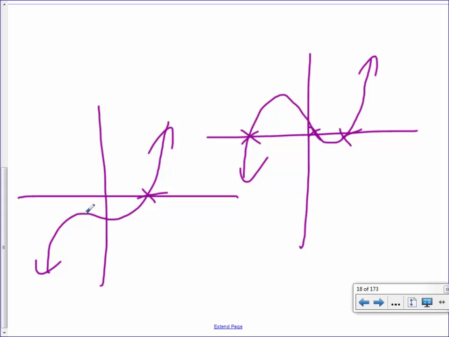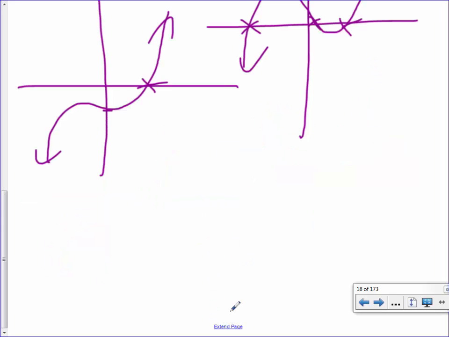Now, you can see how that little twist right here, I made it very, very slight, and it didn't come high enough over the axis to actually create more x-intercepts. But then here, I made the twist very large and exaggerated. That just depends on the graph. And like I said, I can't give you any rules that I can say always make it work that way. So it just depends on how the graph turns out.